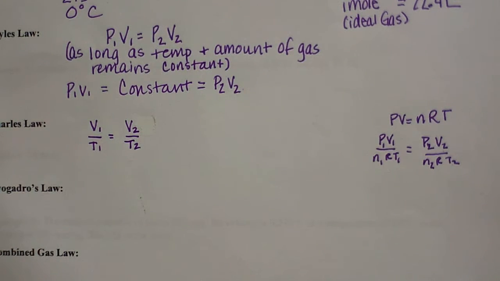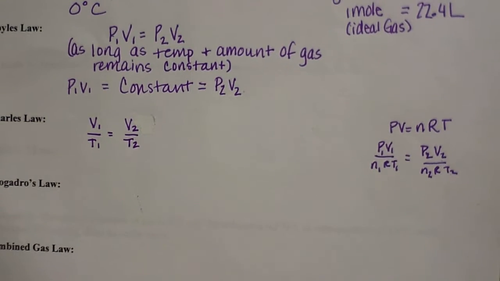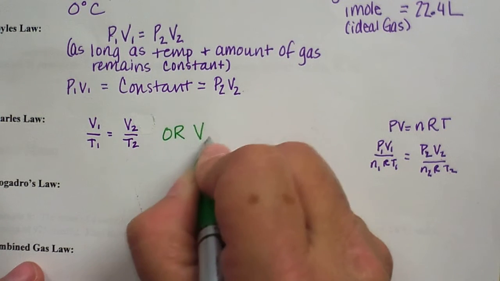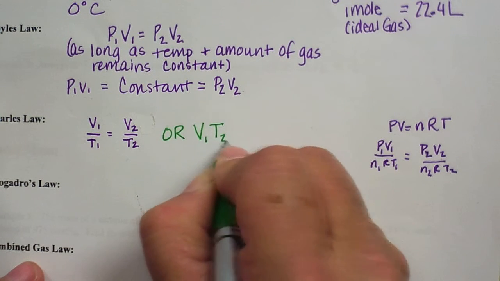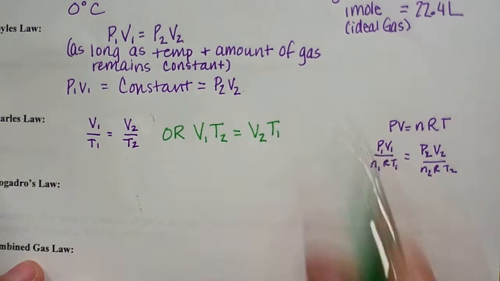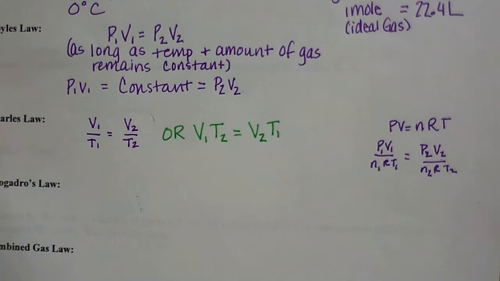Now, my preference, just so we're clear, and I think I told you guys this last year, is always to keep things linear. So I prefer V1 T2 equals V2 T1. That's my preference, but you can do it either way you want, all right?